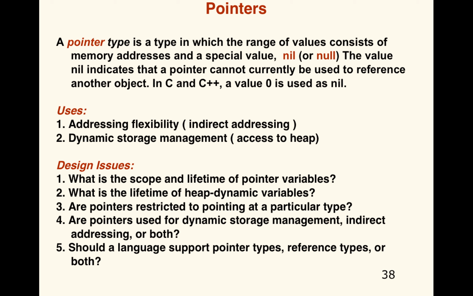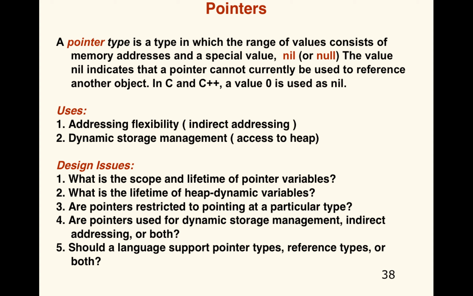If I'm in main and I define a pointer and I go to a function, I have to redefine a new pointer if I want to use it or pass the information into it. The scope is local, and the lifetime of it exists while we're in main. If we go back to main, we can get our pointer back.